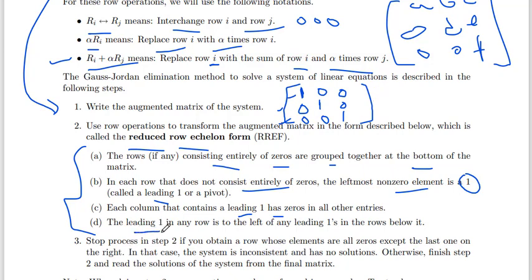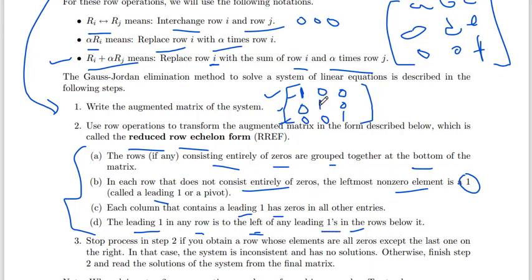And the next step: the leading one in any row is to the left of any leading ones in the rows below it. Let's suppose the first row has a leading one like this. It is to the left side of the leading ones in the rows below it.